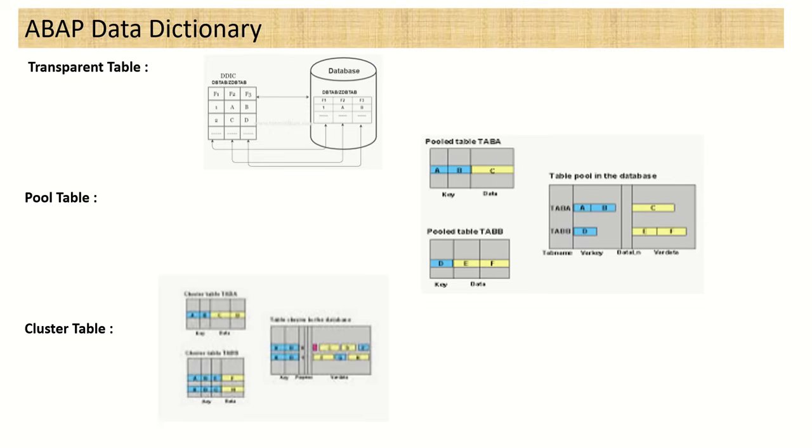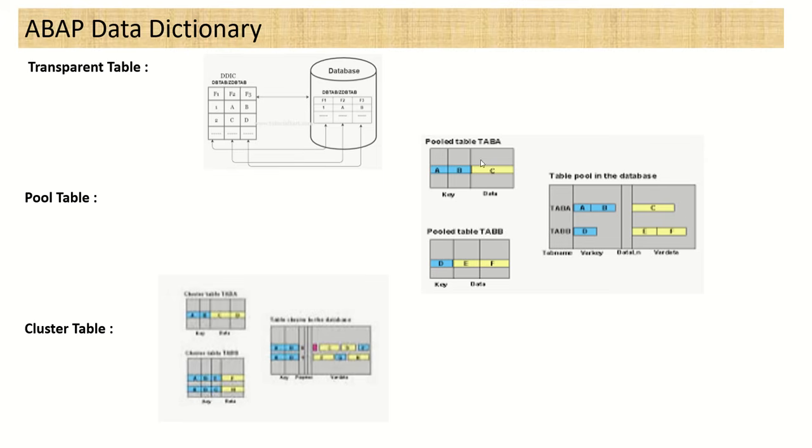Here we can see with this screenshot that when we create one table in the DDIC, one table with the same number of columns and definition is created in the database. Second is the pool table.